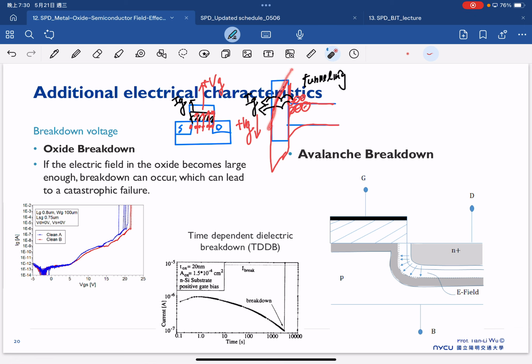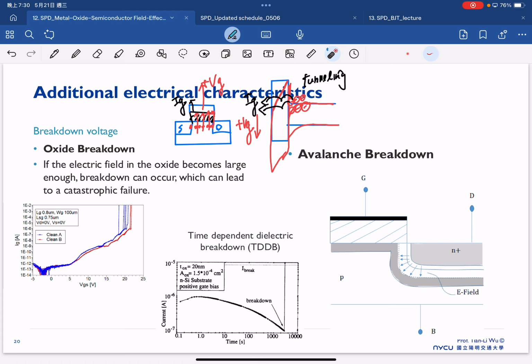So the barrier becomes thinner, and for sure the tunneling probability is increased. That's the reason why we have the gate leakage current. And this is usually what we call FN tunneling.